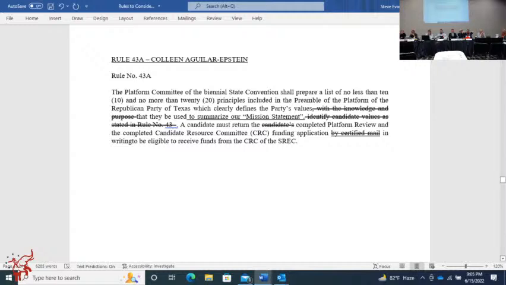Is there a second to this amendment? Second.